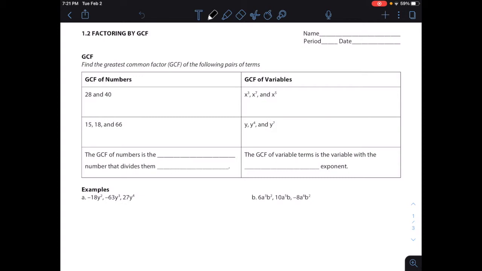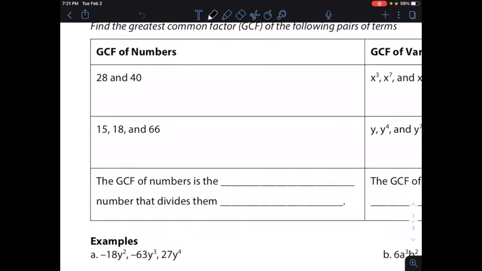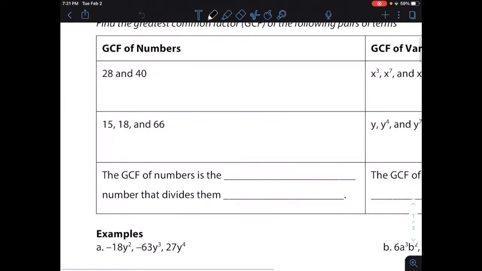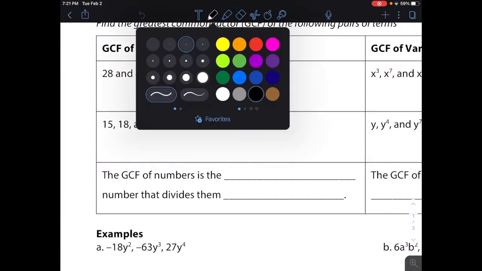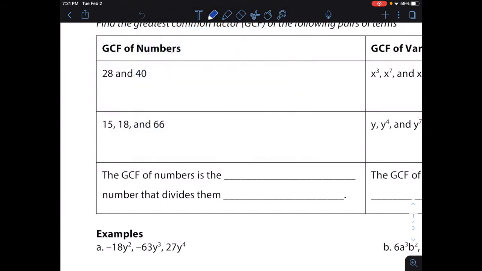So the first thing we have to worry about are the numbers that are involved. Anytime we have numbers involved and we want to find the GCF, what I would suggest you do is just look at the smallest number. In this case, the smallest number here is 28. I would list all of the factors of 28.